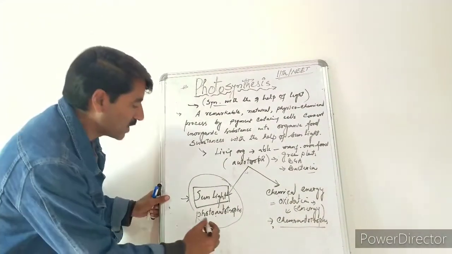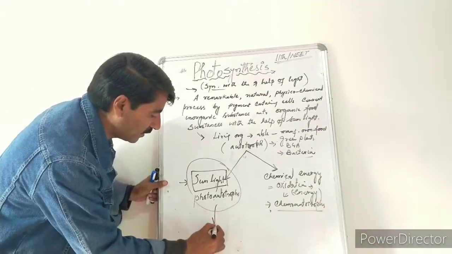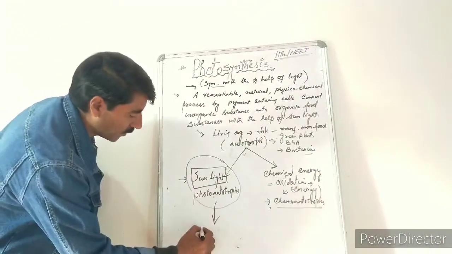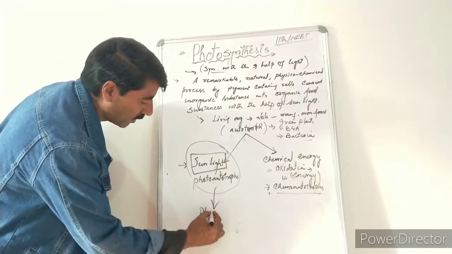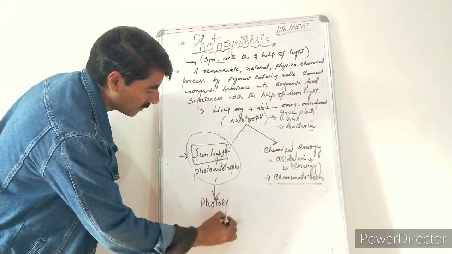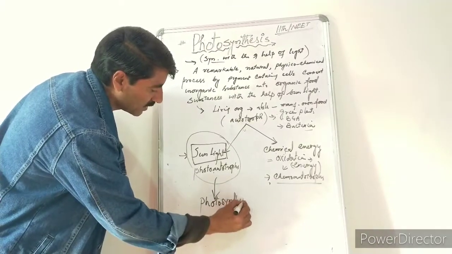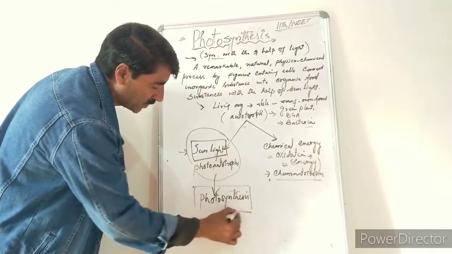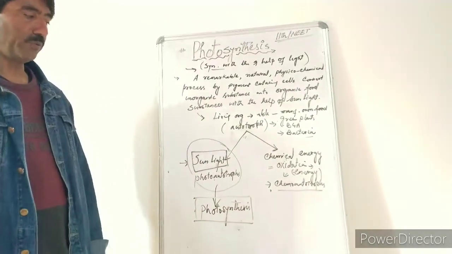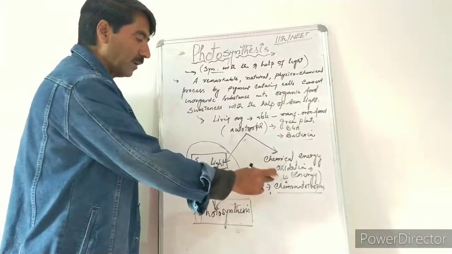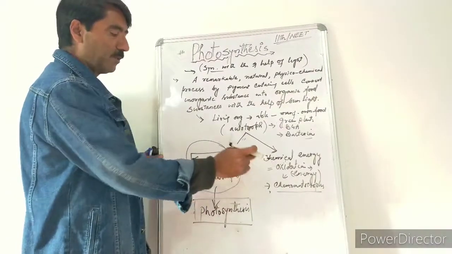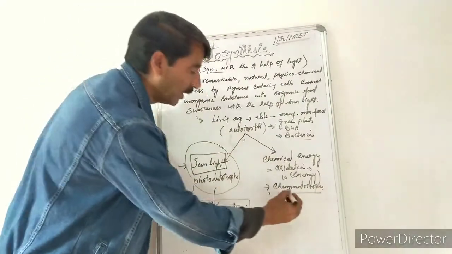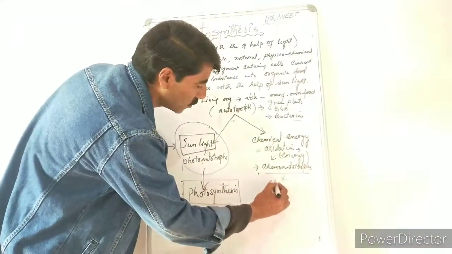Now, the process done by these living organisms, these are called the photoautotrophs. The phenomena by which they can produce their food is called the photosynthesis. So photosynthesis is the ability of only photoautotrophs by which they can manufacture their own food. Now here, the ability of these chemoautotrophs to produce food with the help of chemical energy, and the process is called the chemosynthesis.